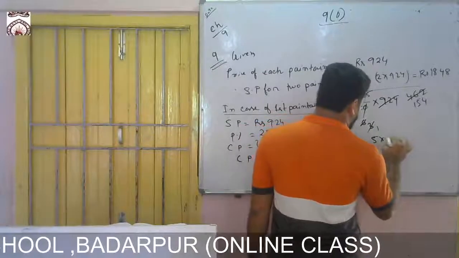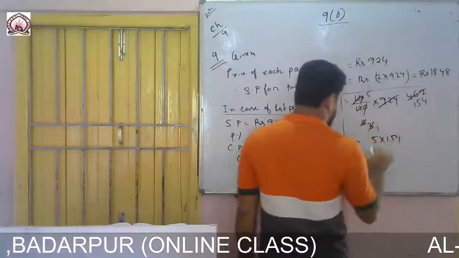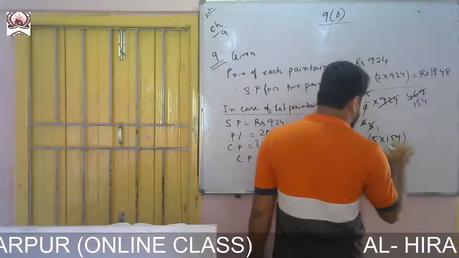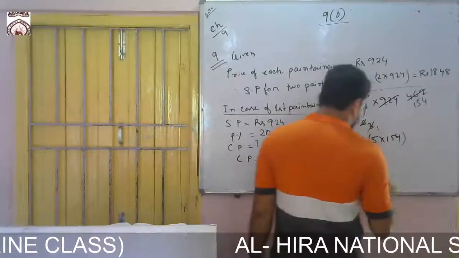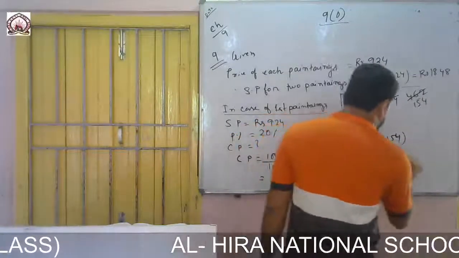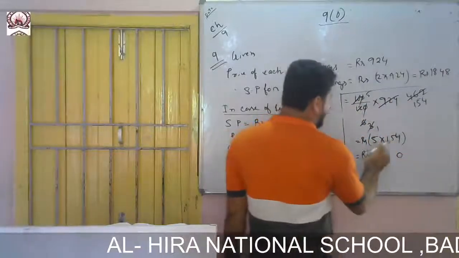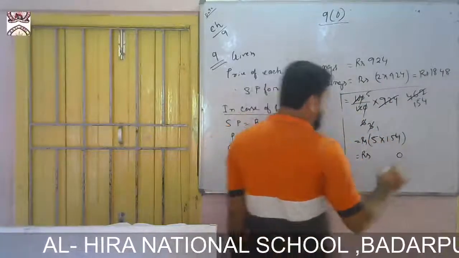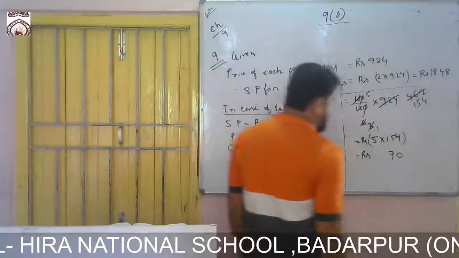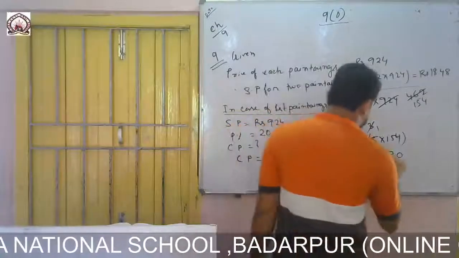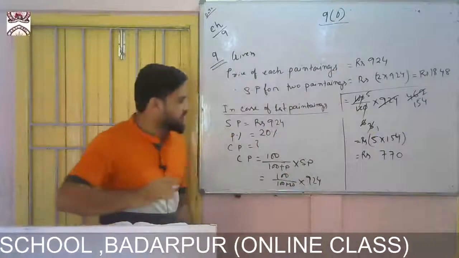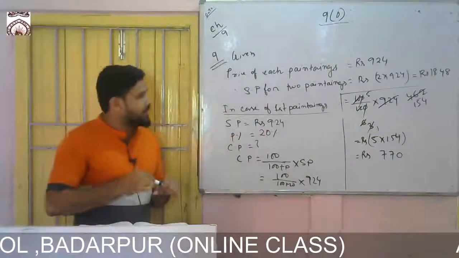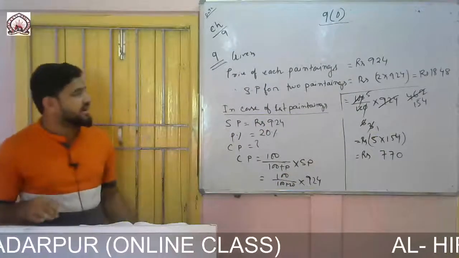So 5 into 154, rupees, it will be 5 4s are 20, 5 5s are 25, 26, 27, then 5 1s are 5, 6, 7. Rupees 770. So this is for the first painting.